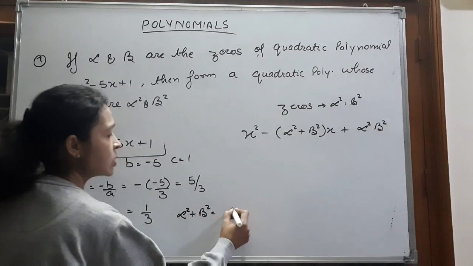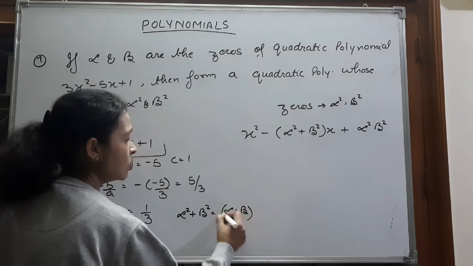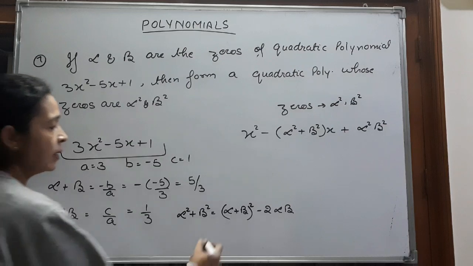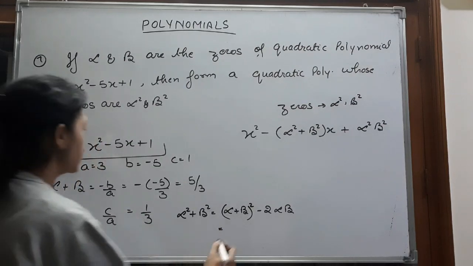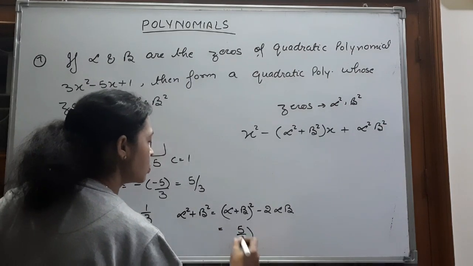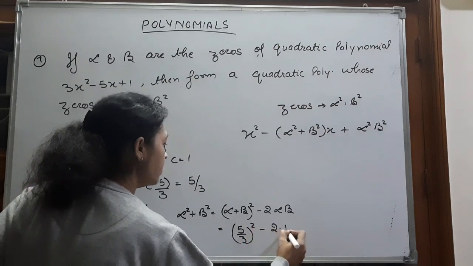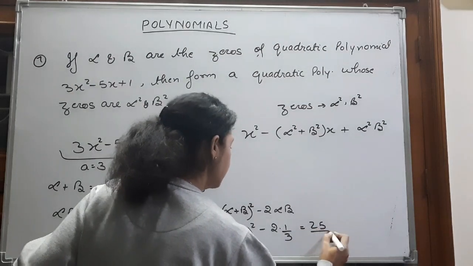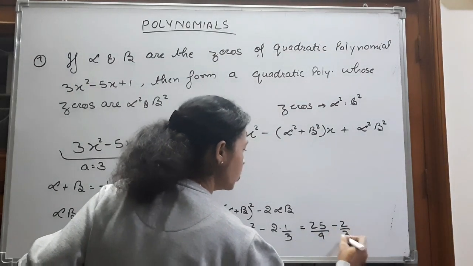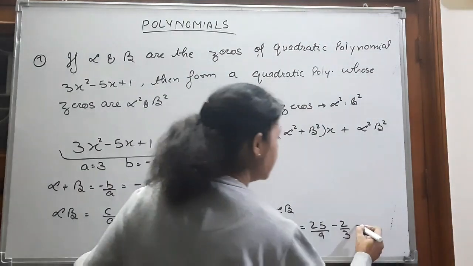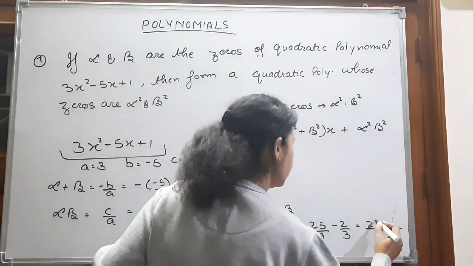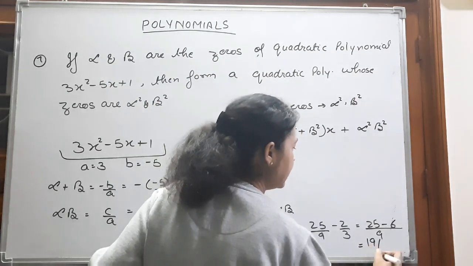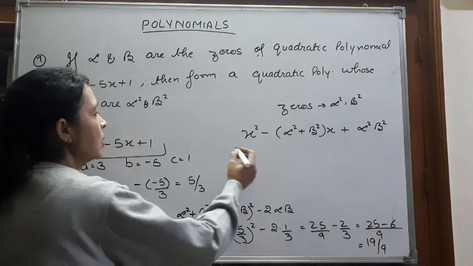Alpha square plus beta square is equal to (alpha plus beta) whole square minus 2 times alpha beta. This is equal to (5 by 3) whole square minus 2 into 1 by 3. This we have 25 by 9 minus 2 by 3. Taking LCM as 9, 25 minus 6, that is 19 by 9.